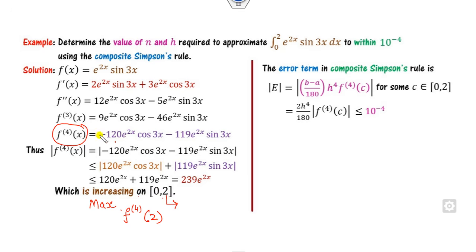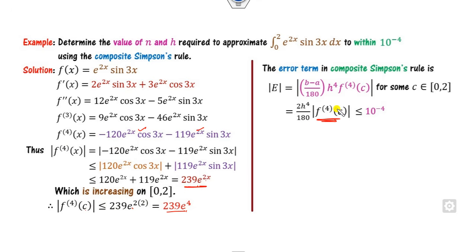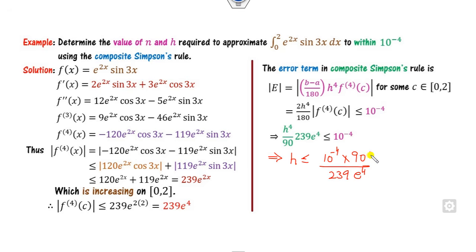So I can substitute the value 2 here. What is the value of this? I can substitute here, this is nothing but 239 e raised to power 4. So h is less than or equal to (10 raised to power minus 4 times 90 over 239 e raised to power 4) raised to power 1 over 4.